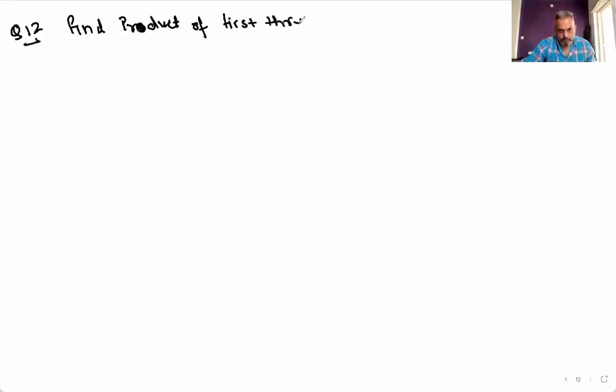Okay, question number 12. Now find the product of the first 3 terms of a GP whose second term is equal to 5.